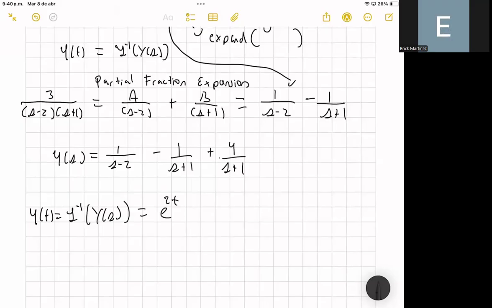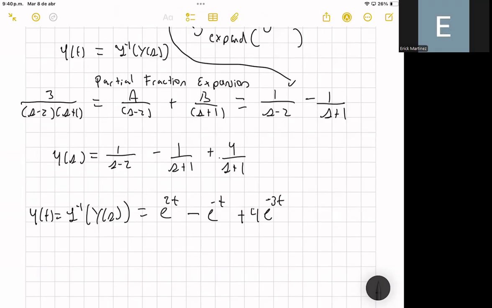Okay? This is the inverse Laplace transform of this term. Now we have here e elevated to minus t. And here we have 4 times e elevated to the minus t.